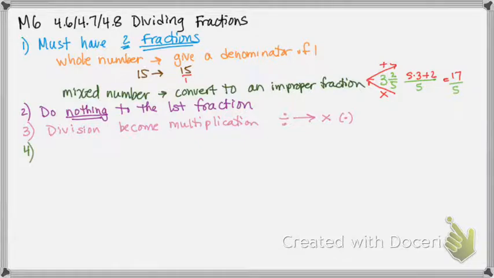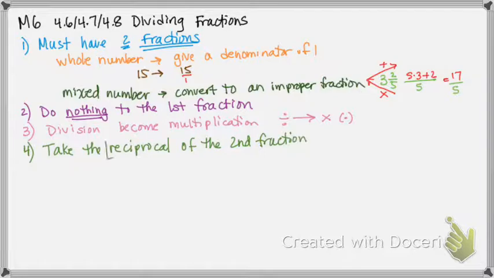So we're going to take the reciprocal of the second fraction. That's a big word. Got to understand what it means. And reciprocal basically tells us flip the second fraction.